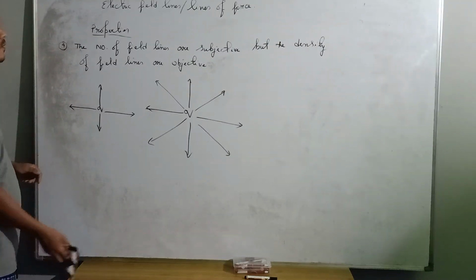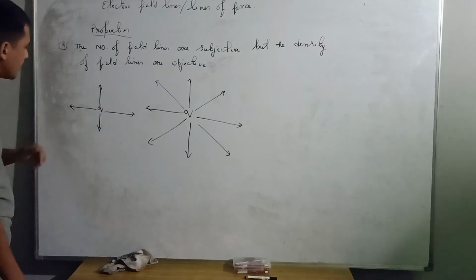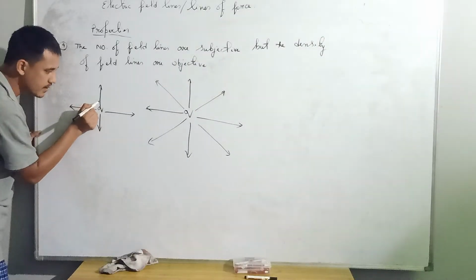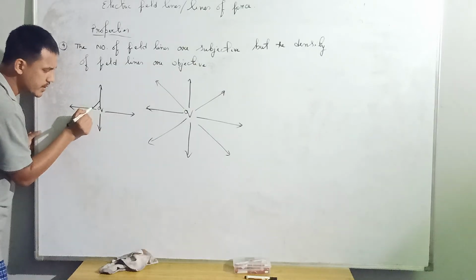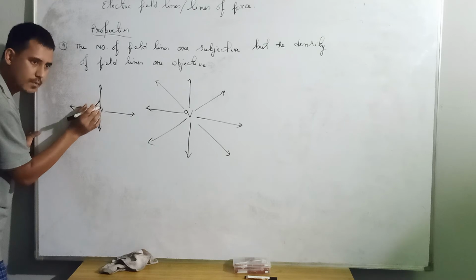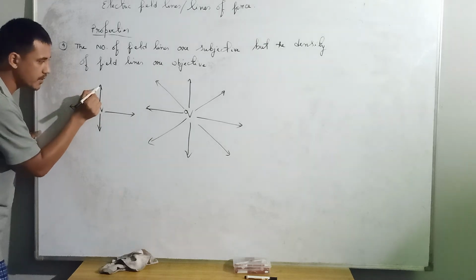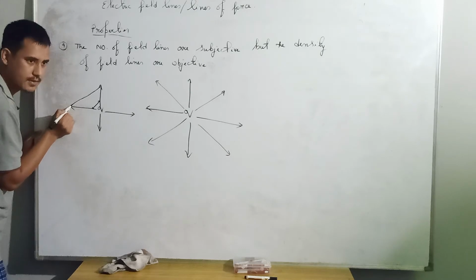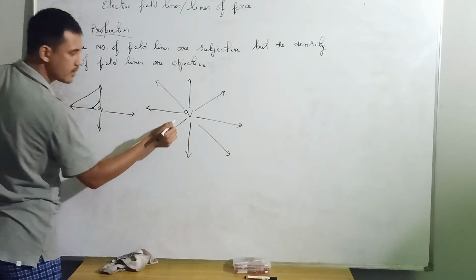But the density of field lines is objective. Meaning, closer to the charge, in this case, see, the space between the lines is less. So the density is more. As you move away from the charge, the density of the lines decreases. Same here.